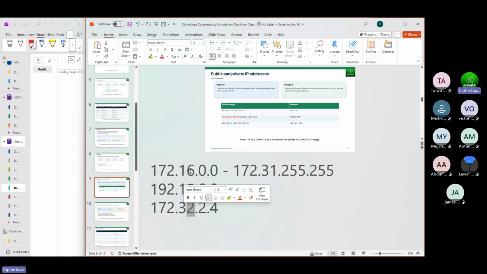That is dot 16, dot 17, dot 28 till 31 is private IP. But immediately above 31, that is 32, 33 to 255, is public IP.